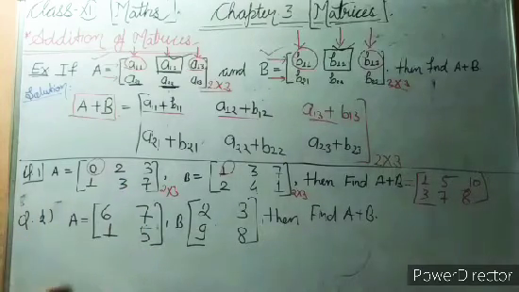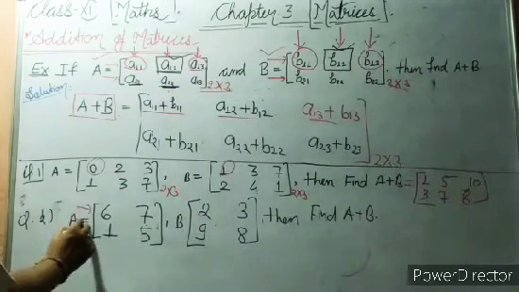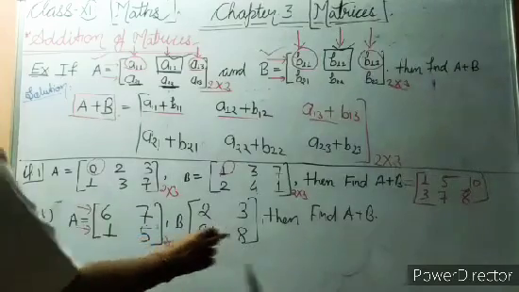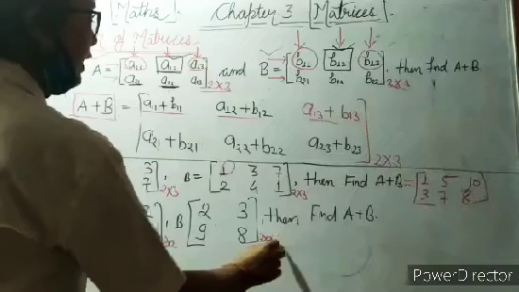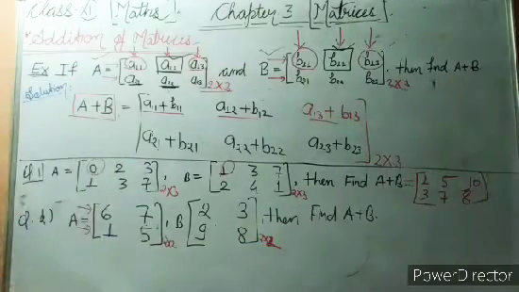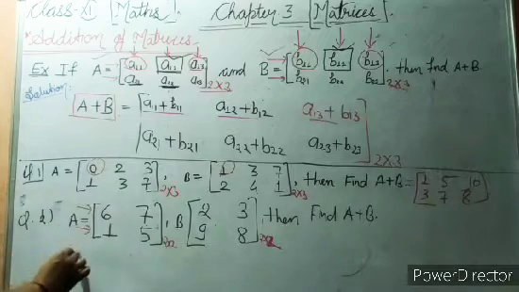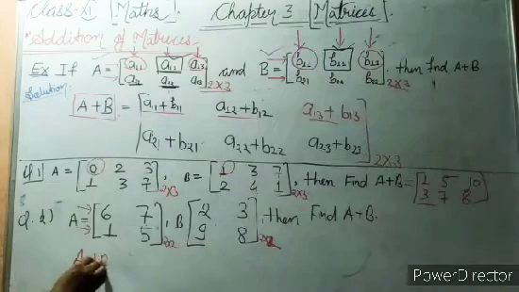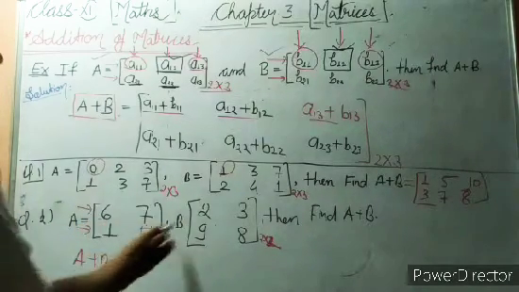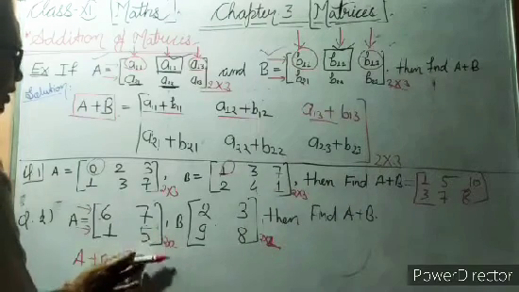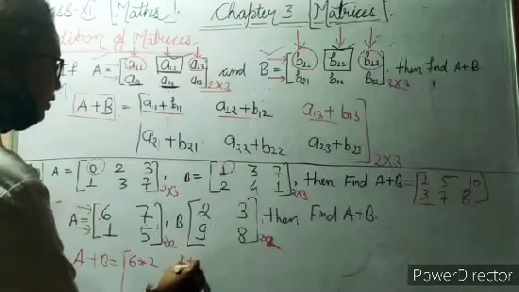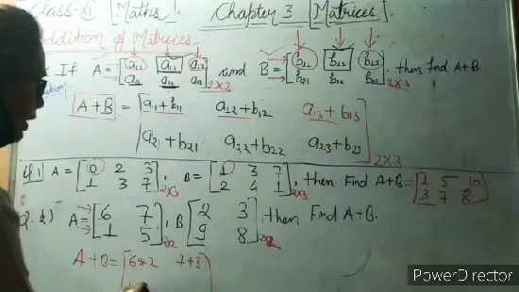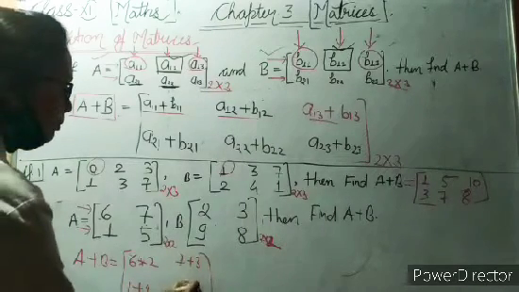And for this you see the order is 2 by 2. That means it is a square matrix. In a square matrix, the number of rows and columns are equal. So here for A plus B we do 6 plus 2, 7 plus 3, 1 plus 9 and 5 plus 8.